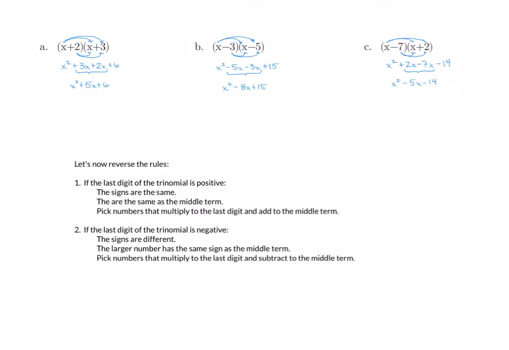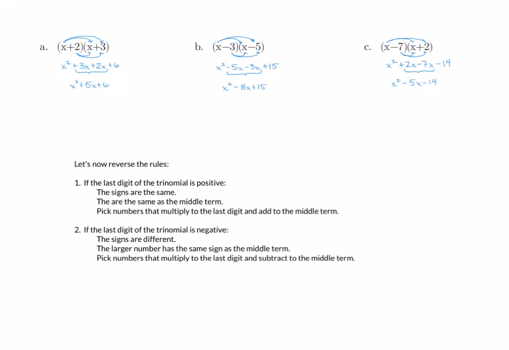Our second category, we're going to look at the last digit and we're going to determine if it's negative. In order to multiply to a negative number, you have to have different signs. Negative 7 and positive 2 multiply to negative 14. So if our result is negative, that tells me the signs are different. Now remember that when we combine numbers that have different signs, we subtract and keep the sign.